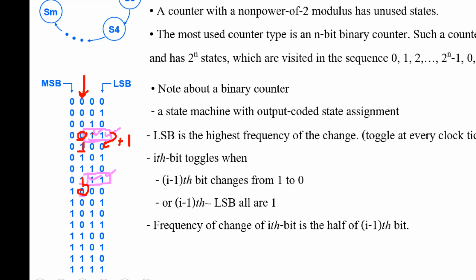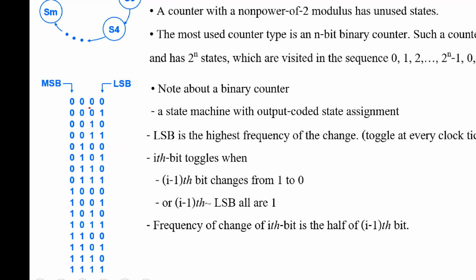And when this is 1 1, when you add 1, a carry out occurs. That means this is the carry in added to this number. If this number is 0, it goes to 1, and if this is 1, then it becomes 0. This is the first observation.